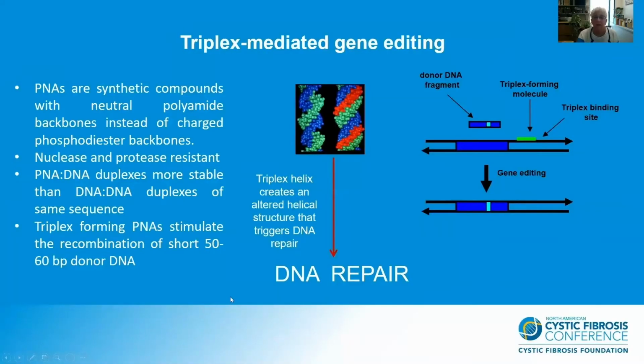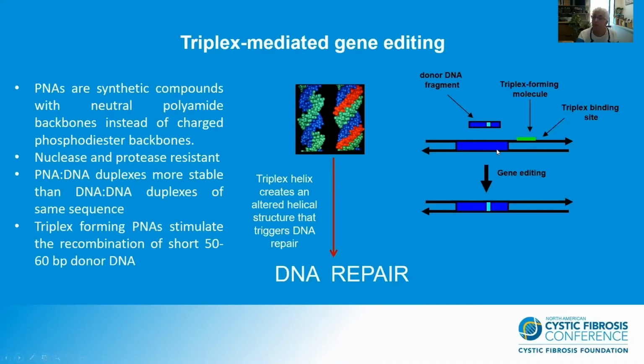So triplex-mediated gene editing, how does that happen? Well, PNAs, these synthetic compounds with the neutral polyamide backbone instead of the usual phosphodiester backbone we think of in DNA and RNA, can be designed and synthesized to help correct a mutation that you have identified in a specific gene.